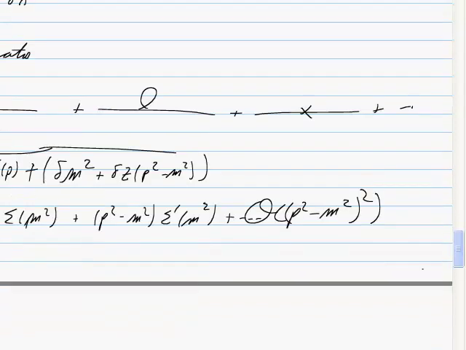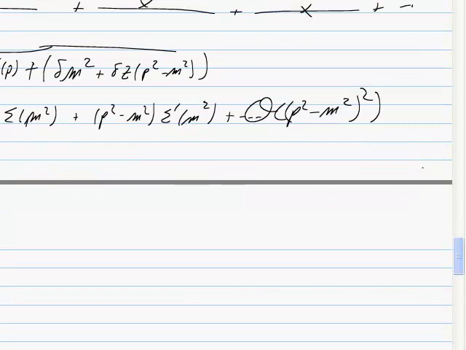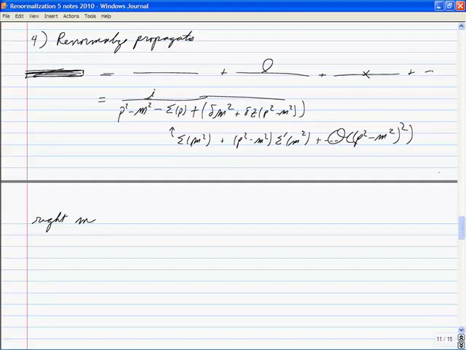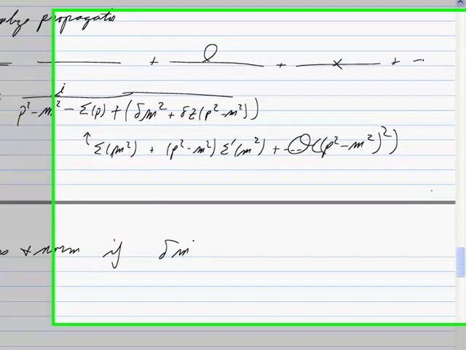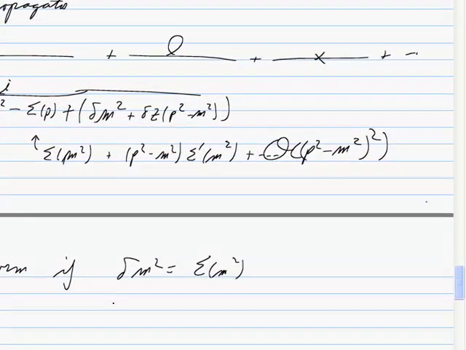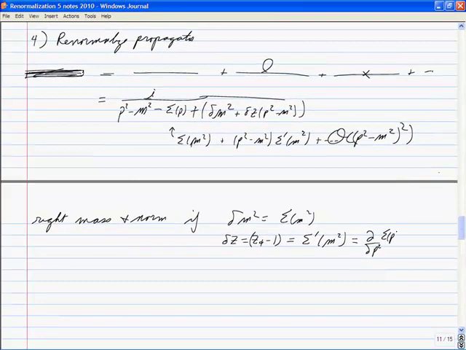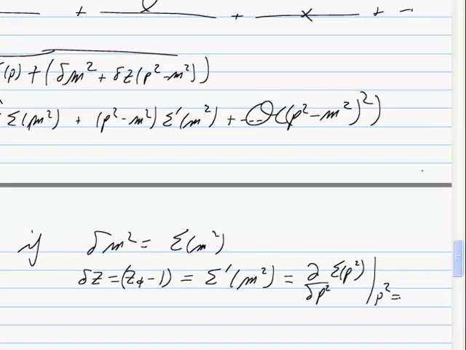Then the propagator has the right mass and normalization if I choose δm squared is Σ(m squared) and δZ, which is Z_φ minus 1, is Σ'(m squared). Remember, that's the derivative with respect to p squared of Σ(p squared) evaluated at p squared equals m squared.